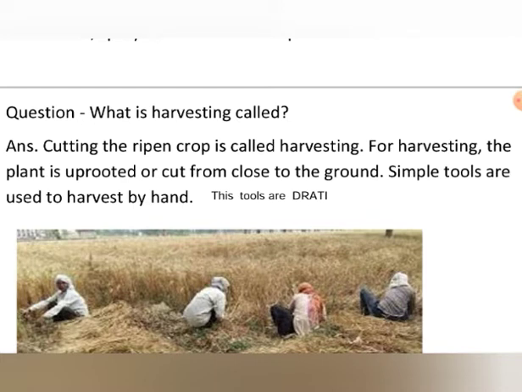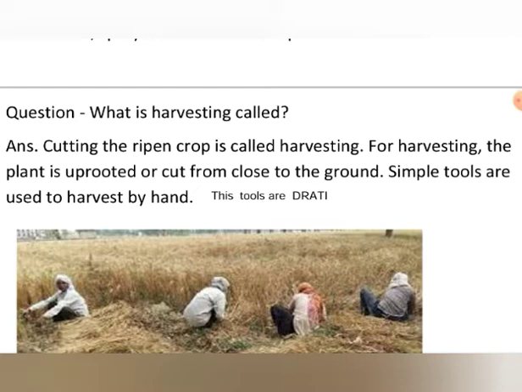After a particular period of time, the crop is ripened, and the cutting of the ripened crop is called harvesting. For harvesting, the plant is uprooted or cut from close to the ground, and simple tools are used to harvest by hand, and these tools are called darati. We mostly hail from the rustic area, from the village.